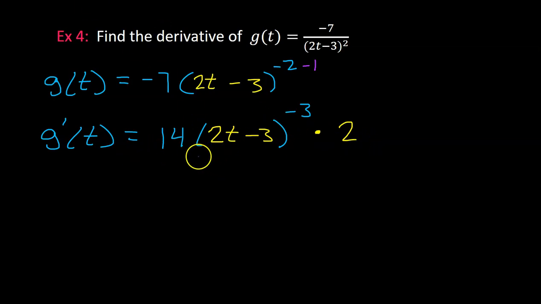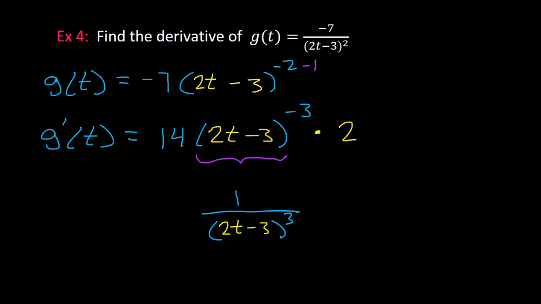Focus on this part of the function. Because of the negative 3 power, that's going to be the same thing as 1 over parentheses to the third power. And of course, still inside of the parentheses, we have our 2t minus 3. So we just dropped it down to the denominator.